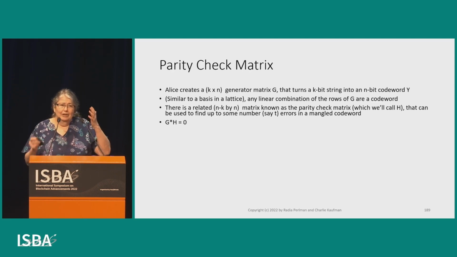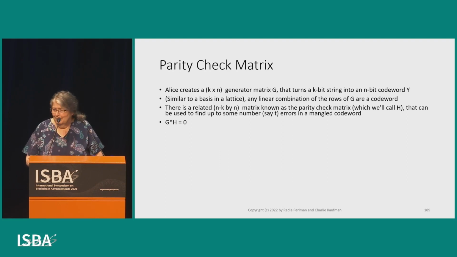So basically, you can take the generator matrix and multiply it by any invertible matrix, and you'll get another equivalent generator matrix. And likewise, the same thing with the parity check matrix.